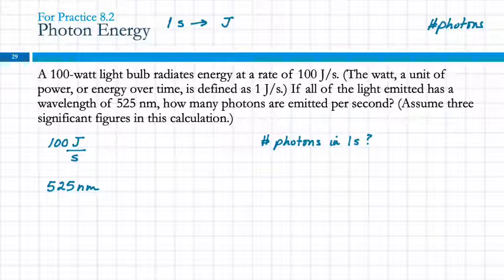It's 100, right? And this wavelength here would allow me to calculate the energy of the photon. So the energy of the photon is equal to hc over lambda, where this is lambda.